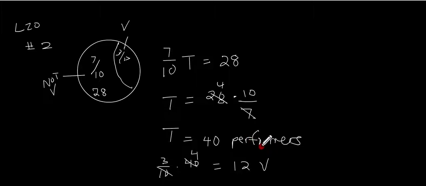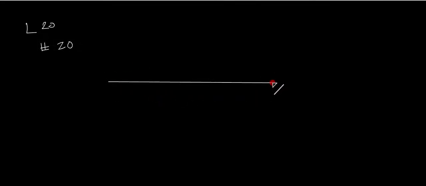Okay, moving along. Number 20. Oh, another figure. You guys like to do these geometry ones or have me doing them. Lesson 20, number 20. Okay, let me draw this real quick. So we have a line going across. We have a perpendicular line.